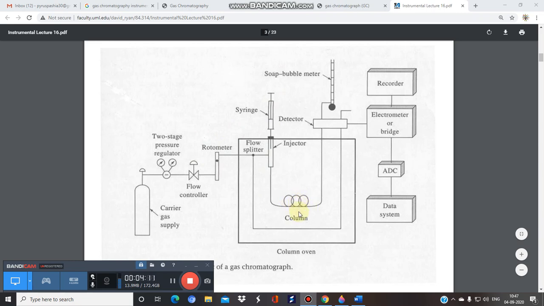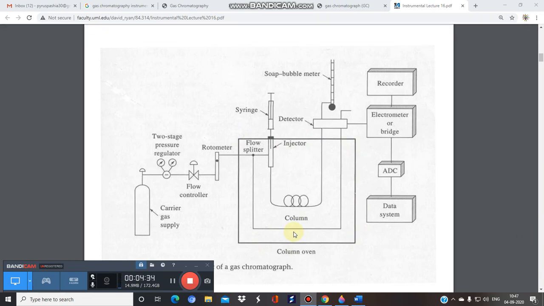This is a special type of column, the coil shape, that is used in gas chromatography, and this is the place where actual separation will take place. And again, a recorder or detector should be there. And here an important component is the oven. The column is basically placed inside an oven, meaning we have to maintain the temperature condition of the column. So temperature has a very important role in gas chromatography.